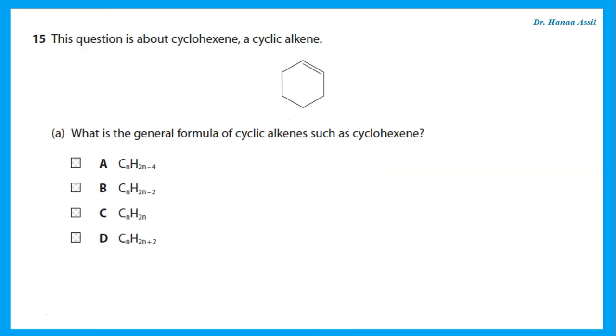This question is about cyclohexene, a cyclic alkene. What is the general formula of cyclic alkenes such as cyclohexene? Well, let's see. If we look at this compound, we look at the carbons and the hydrogens. This is something that has C6H10.